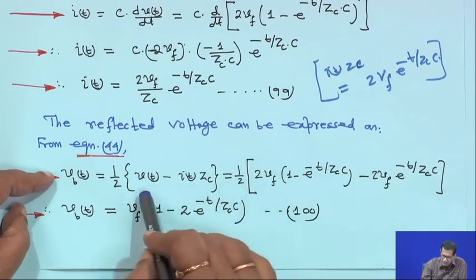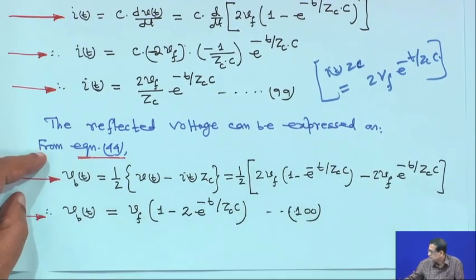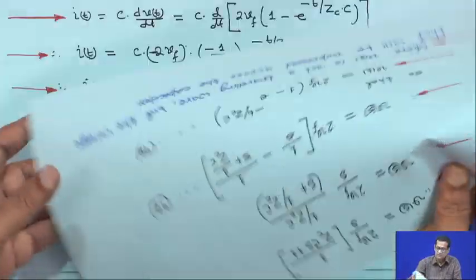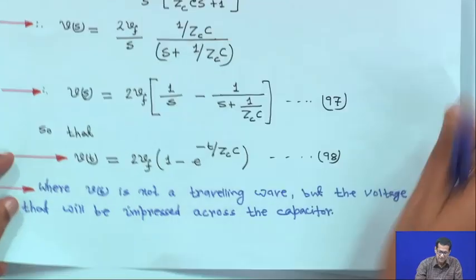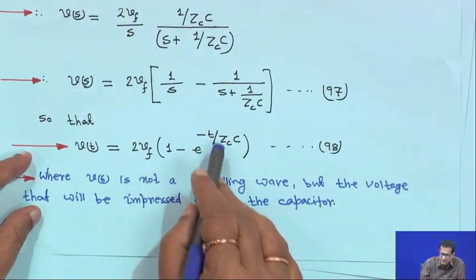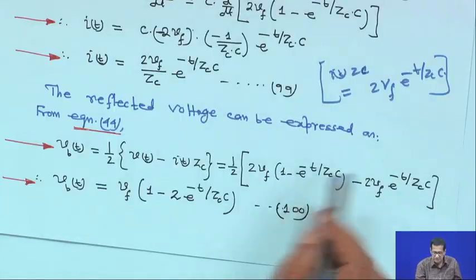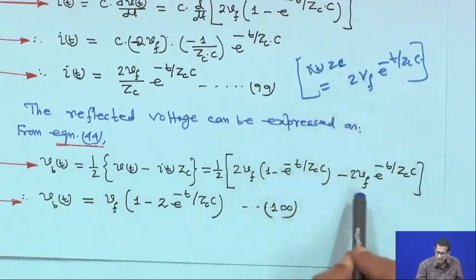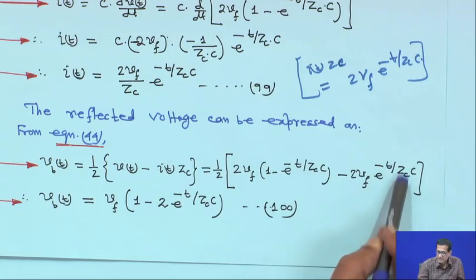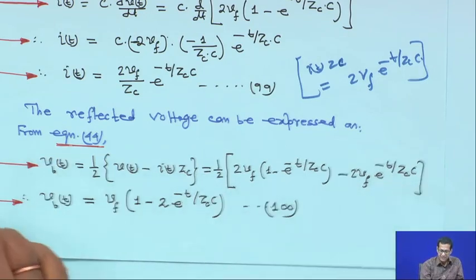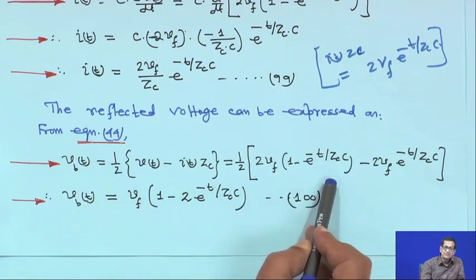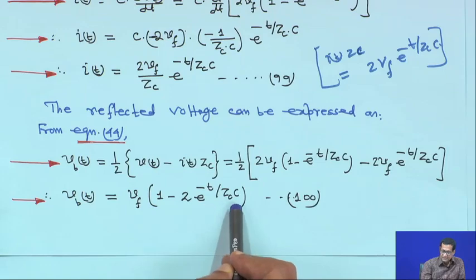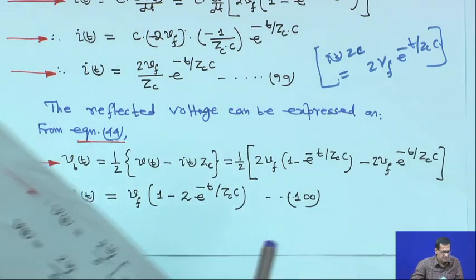Vt we have just seen is 2Vf into 1 minus e to the power minus t upon Zc into C. You substitute this here, and then It into Zc minus 2Vf e to the power minus t divided by Zc into C. That means after simplification, Vbt is equal to Vf [1 minus 2 e to the power minus t upon Zc into C]. This is equation 100.